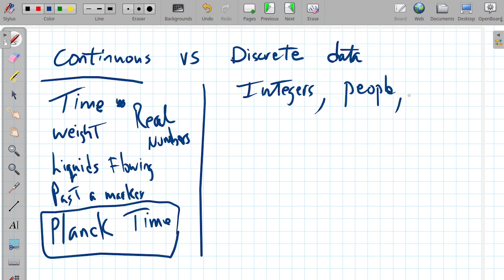If I wanted to talk about discrete in context of the river, well, ice breakup, you can count the number of ice chunks flowing past a piling for a bridge. You know, people and things. So generally speaking, if it doesn't make sense to divide something, then it's probably discrete.